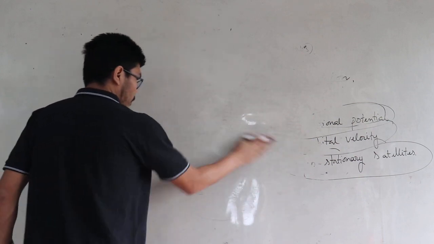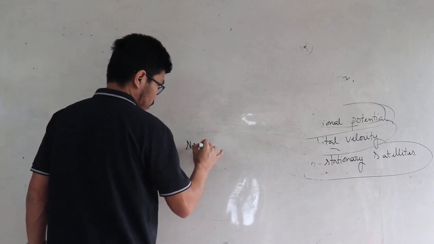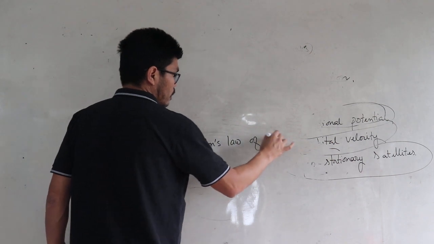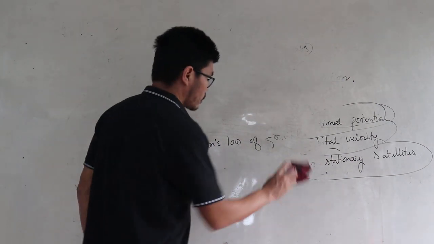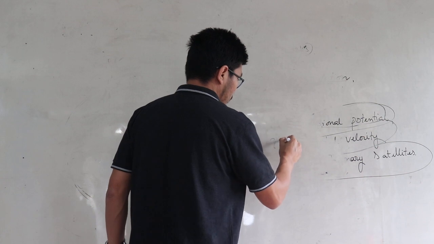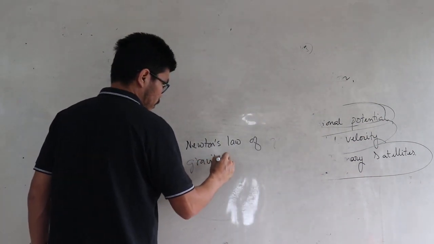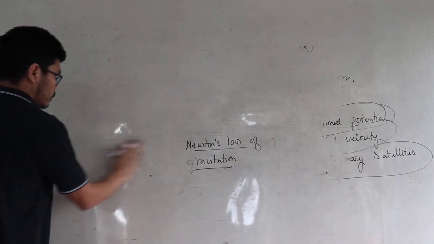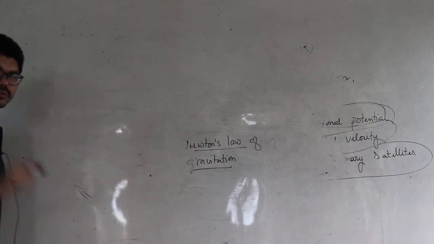I'll be introducing a small law, that is Newton's law of gravitation. Let me write it here. According to this law, what you need to know is just choose two different bodies.